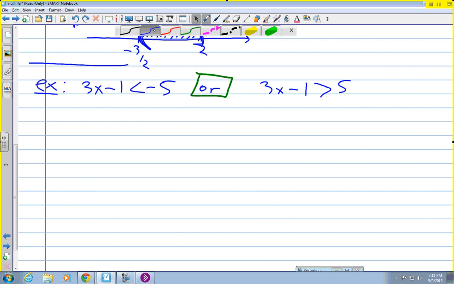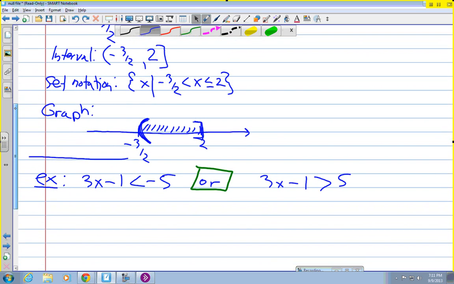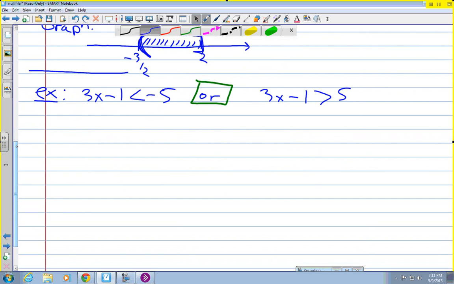Try to connect it to what I was telling you about the intersection in the previous one. The union. Remember that? The or connects us to the union, and and connects us to the intersection. So here, when we solve this, we'll have two sets going in opposite directions.